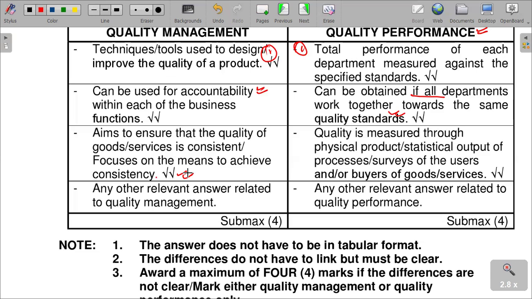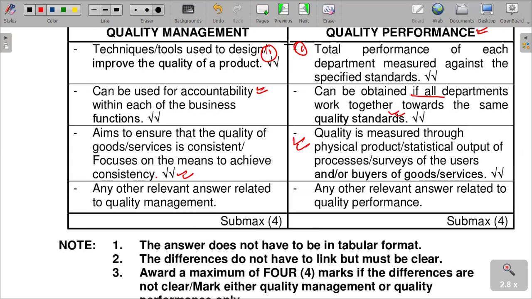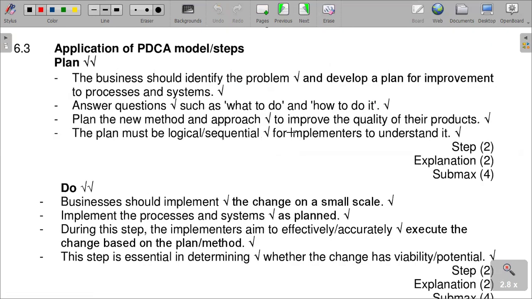So this table gives an approach towards what is to be discussed or analyzed within this essay, where you need to differentiate quality management and quality performance. So please see that when you are writing these essays, it is always recommendable that you put subheadings and then the application of PDCA model or the steps.